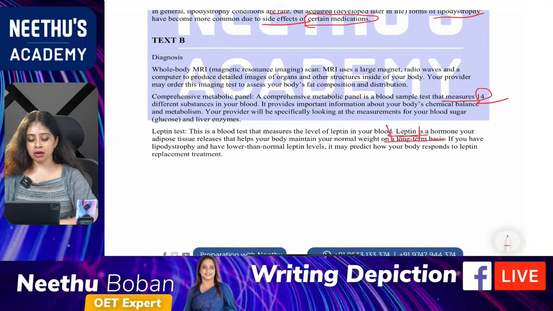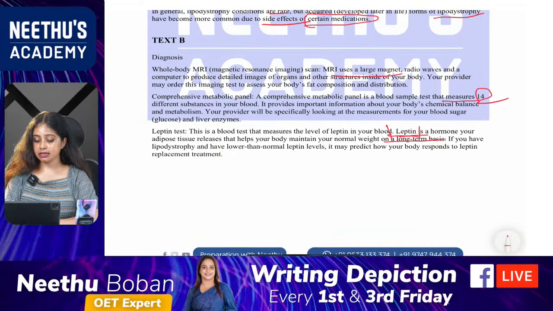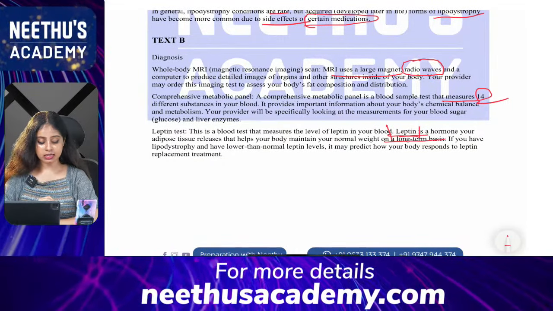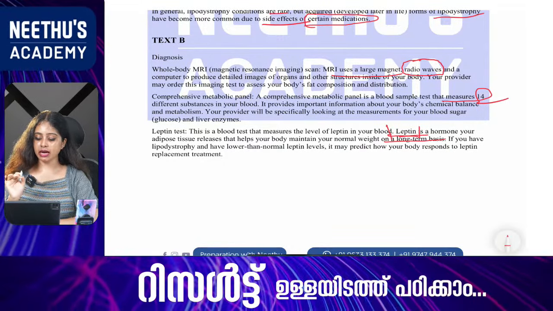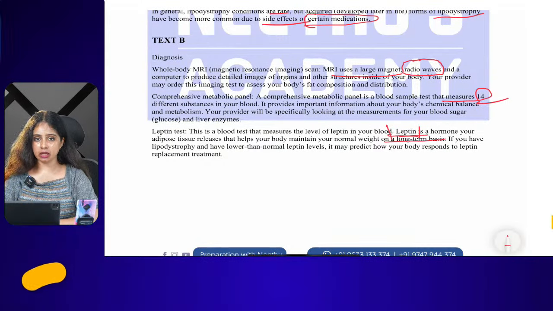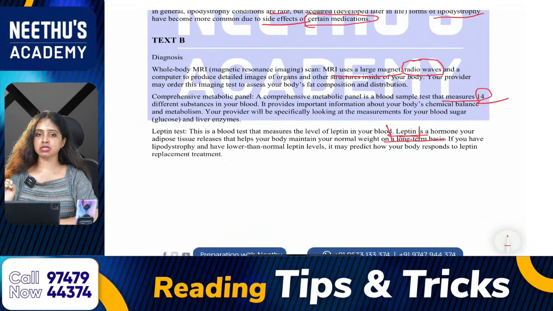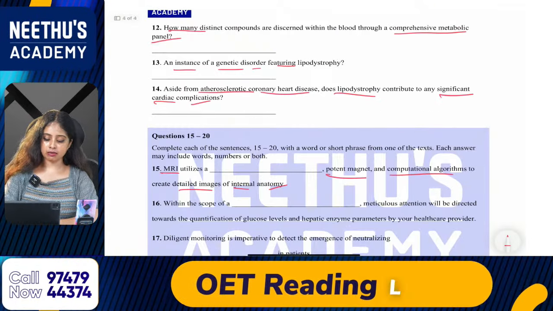Whole body MRI. MRI uses a large magnet, radio waves. So that answer is radio waves. That particular word is missing there. In a fill in the blanks type of question, we have to find out what is missing. So radio waves is the correct answer.